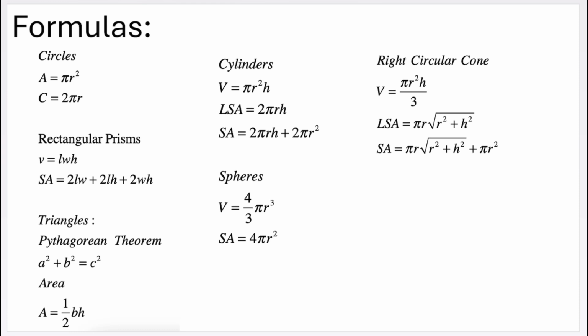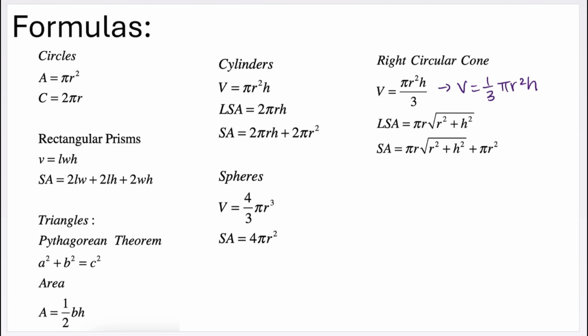One other thing that's not really in here is our pyramids. But pyramids are very similar to right circular cones. If we happen to come across a pyramid, it's going to be 1/3 as well. This can also be written as volume equals 1/3 pi r squared h.